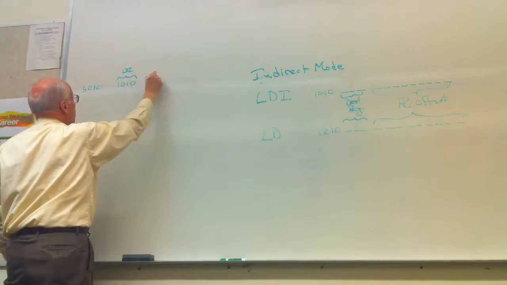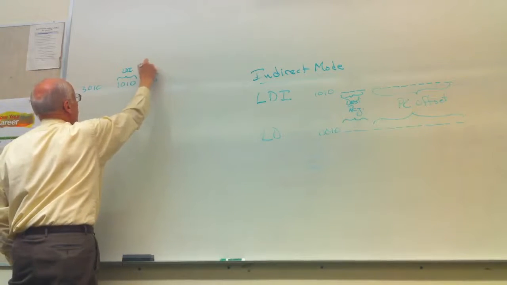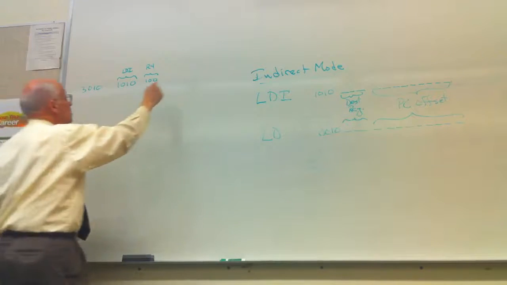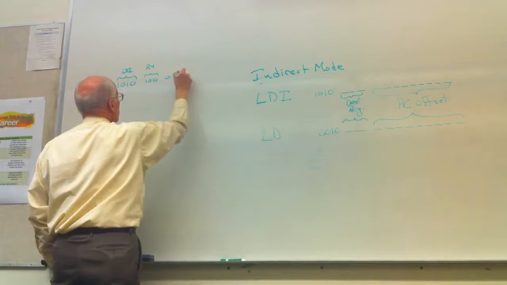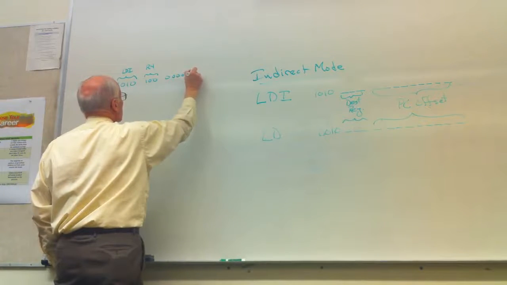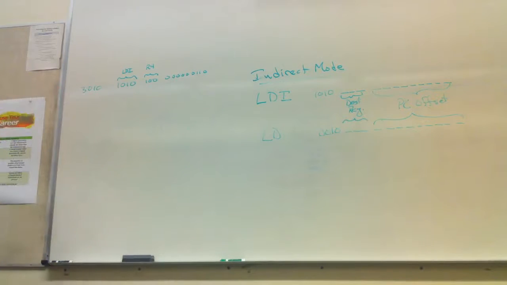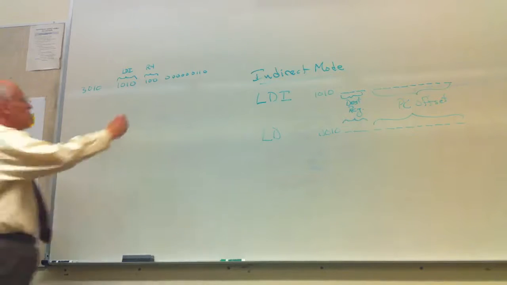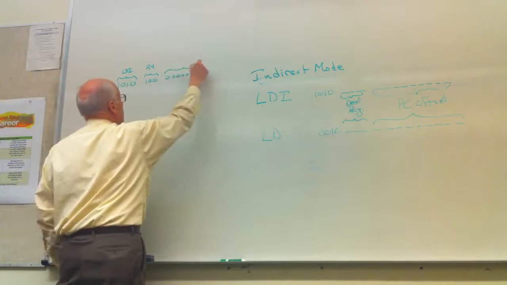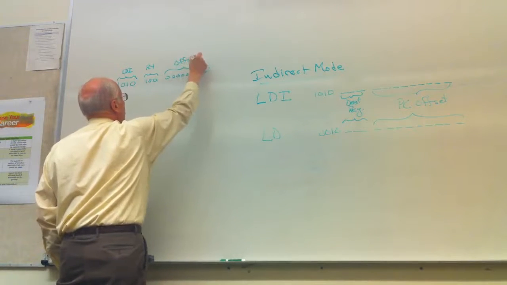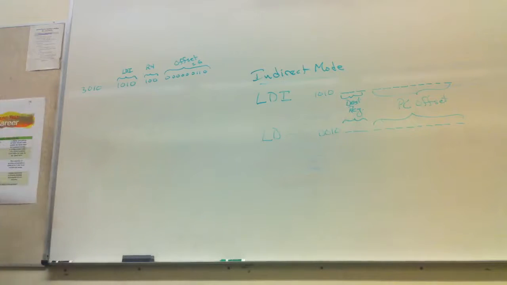And we'll go into register 4. And I'll just make up a number here. Here's my offset. Just as a note there, it's 6.